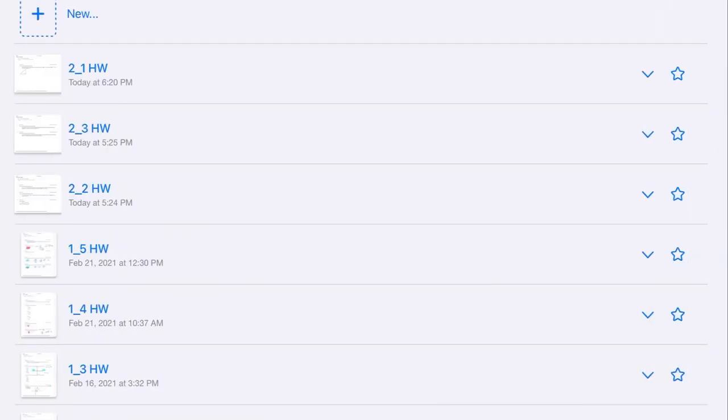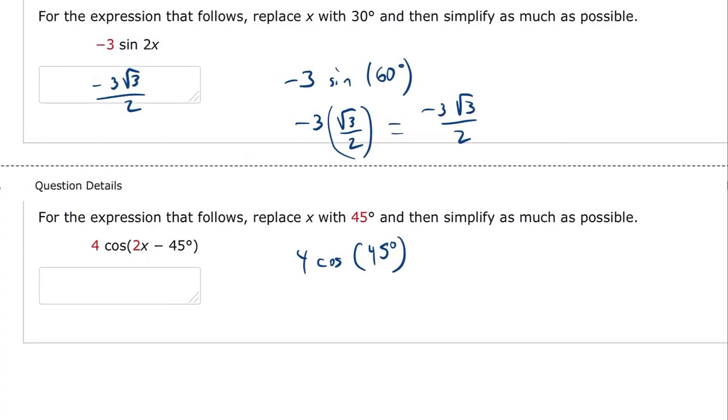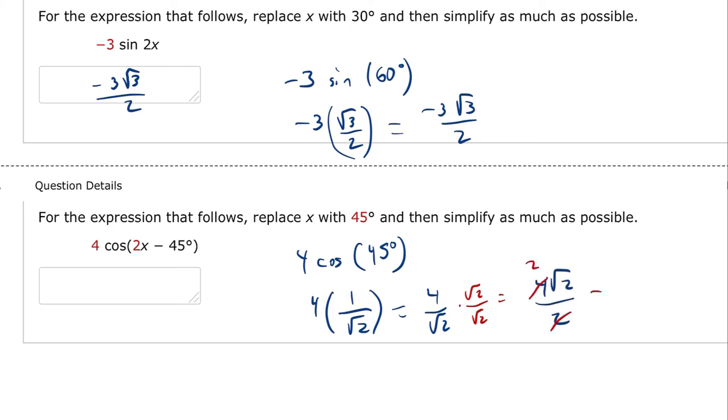That was a mistake. And so we said it was 1 over radical 2, so that would be 4 times 1 over radical 2, which is 4 over rad 2. Rationalize, and we get 4 rad 2 over 2, which can simplify to 2 rad 2.